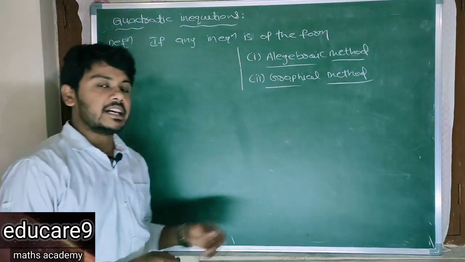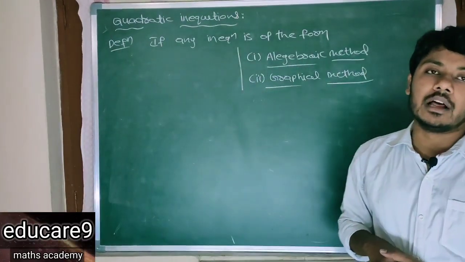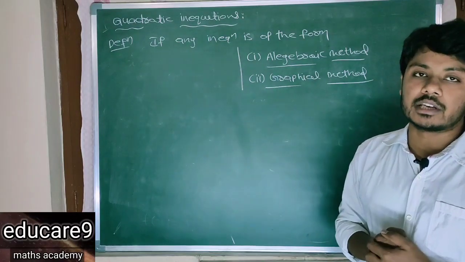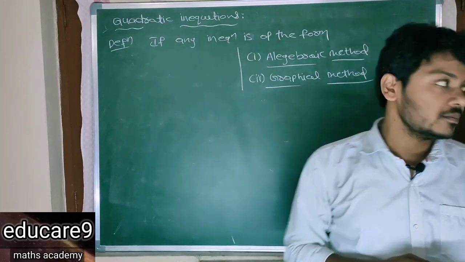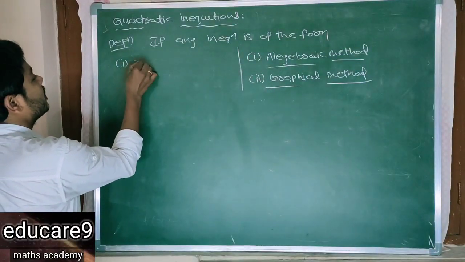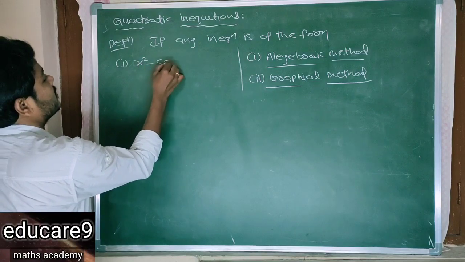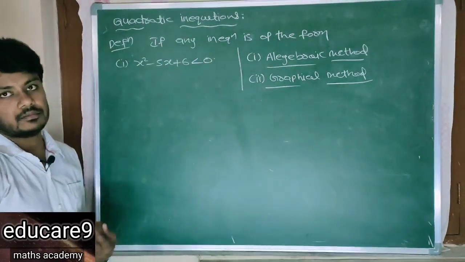Next one, the graphical method. In the graphical method, you have to draw the graph of the given equation and find the solutions from the graph. So take the same example, x square minus 5x plus 6 is less than 0.